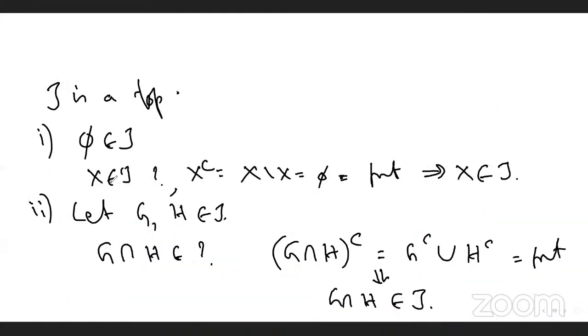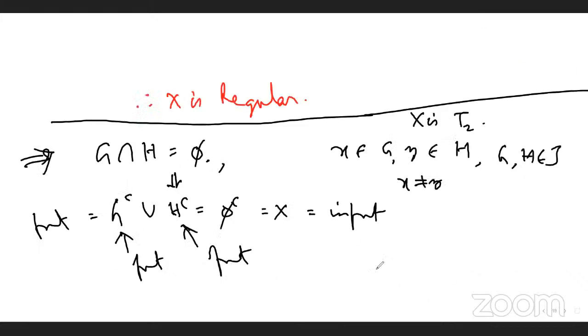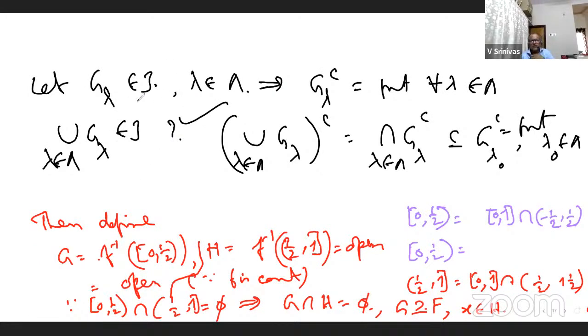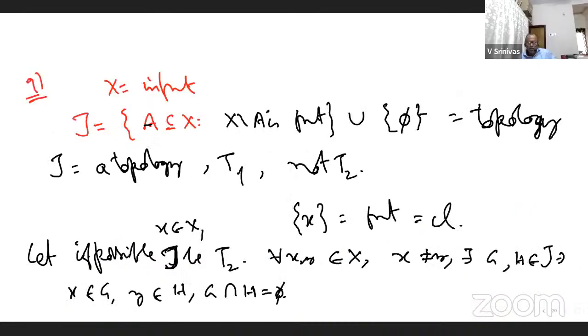Tau consists of x and phi. Tau is closed under finite intersections, and tau is closed under arbitrary unions. Therefore, your tau is a topology. This topology is called the cofinite topology. In this cofinite topology, a topological space is T1 but not T2.